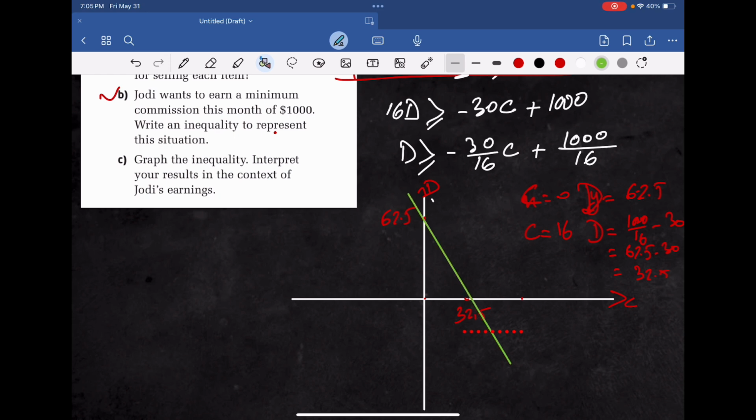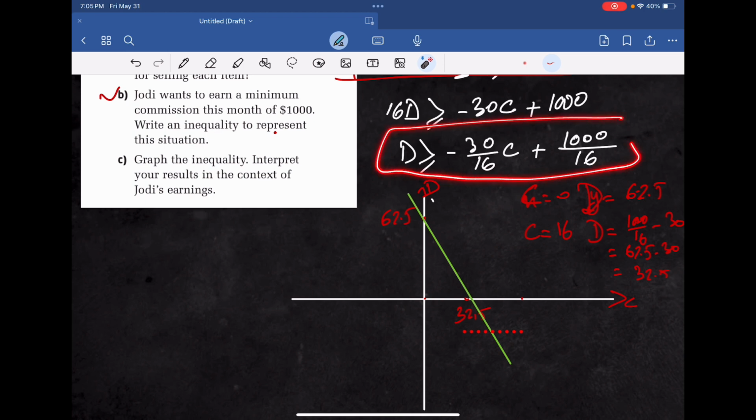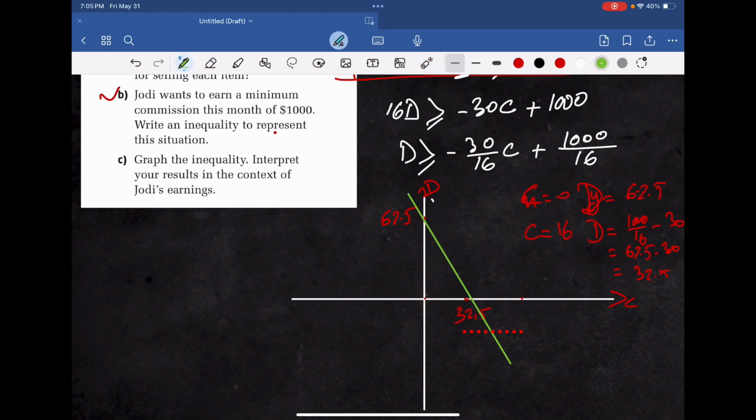Now I need to know, is the solution this area or this area. I will just take my equation and replace it by the point 0, 0. So if c equals 0 and d equals 0, that means 0 is greater or equal than minus 30 over 16 times 0 plus 1,000 over 16.